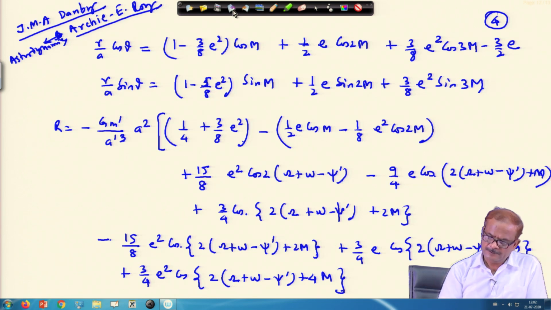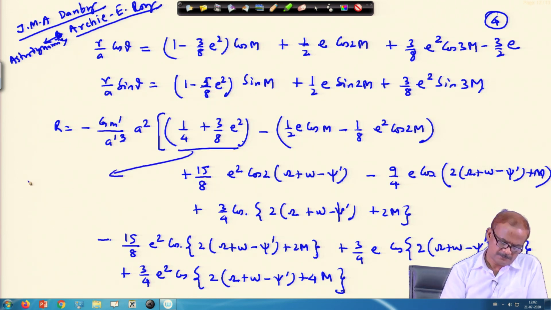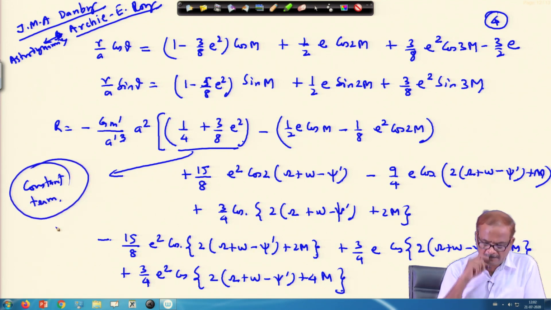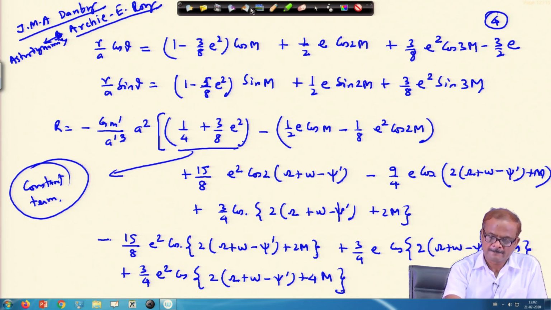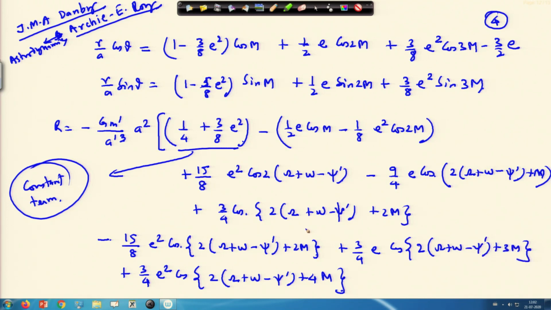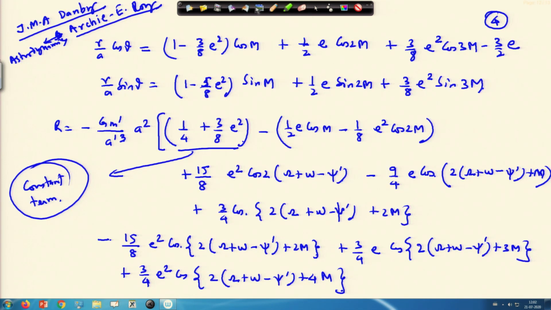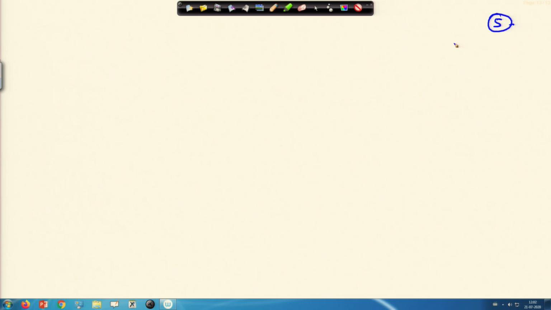So the first term here is a constant term, so this term gives rise to the secular perturbation.